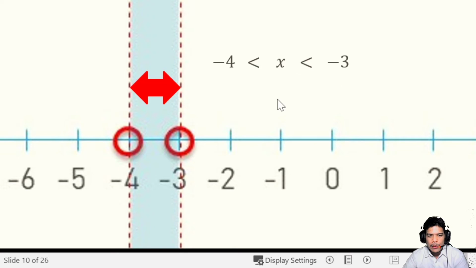So, meaning, lahat ng x natin dito is in between negative 4 and negative 3. So what are the values in between? Pwedeng negative 3.5, negative 3.6, negative 3.7, negative 3.8, ganon. So meaning lahat ng value ng x is in between negative 4 and negative 3. So ganito lang yung pagkasulat. Okay? So zoom in natin balik.